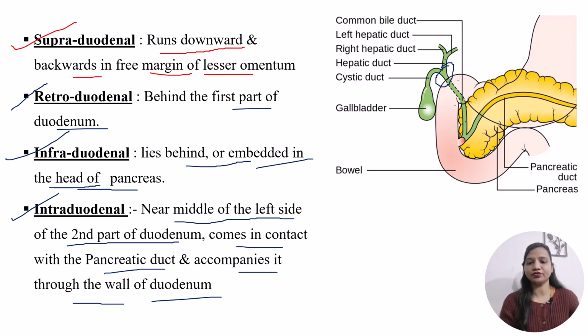Second is the retroduodenal part, which is present behind the duodenum. Third is the infraduodenal part, which is present below the duodenum and behind the head of the pancreas. And fourth is the intraduodenal part, which enters the wall of the duodenum along with the pancreatic duct.